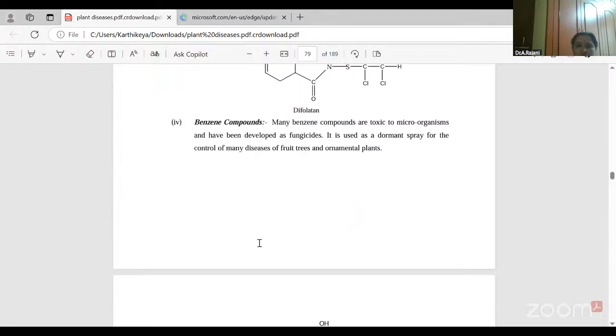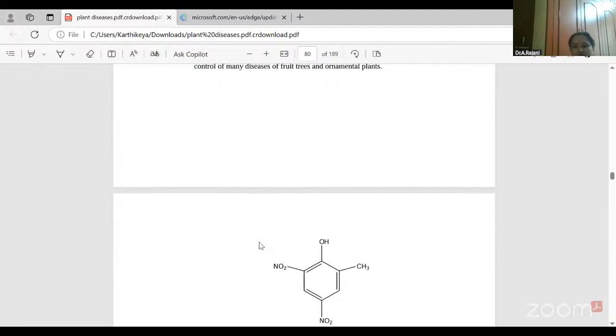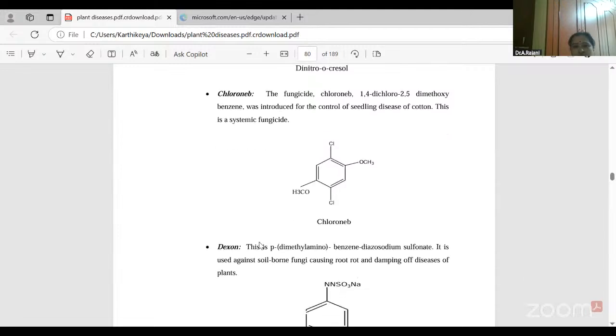Benzene compounds. Many benzene compounds are toxic to microorganisms and have been developed as fungicides. They are used as dormant sprays for control of many diseases of fruits and fruit trees and ornamental plants. Chloroneb, 1,4-dichloro-2,5-dimethoxybenzene, was introduced for the control of seedling disease of cotton.